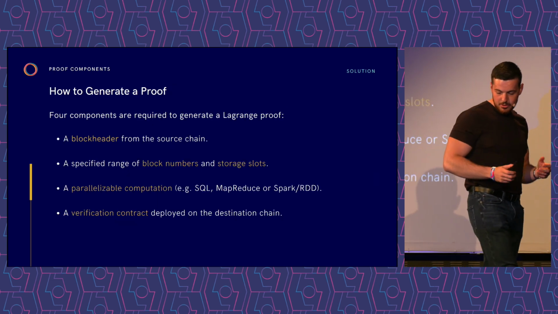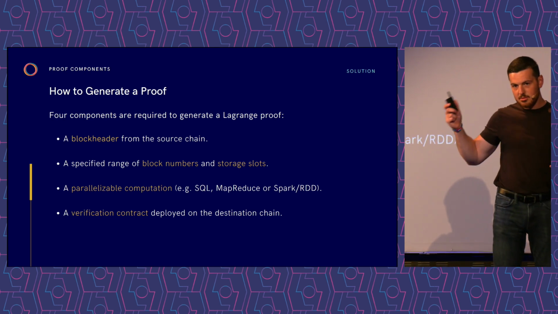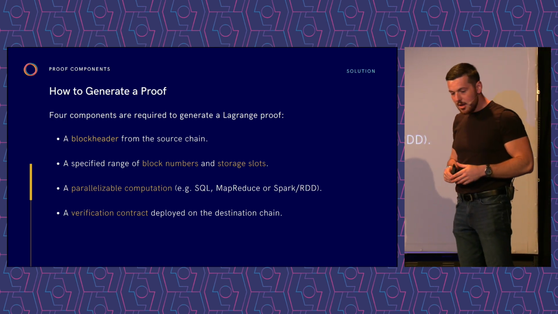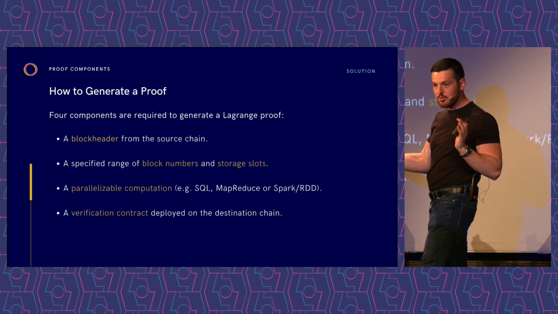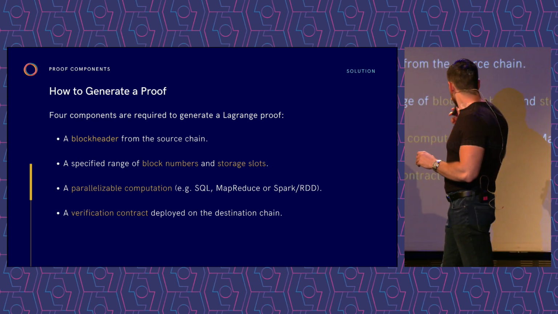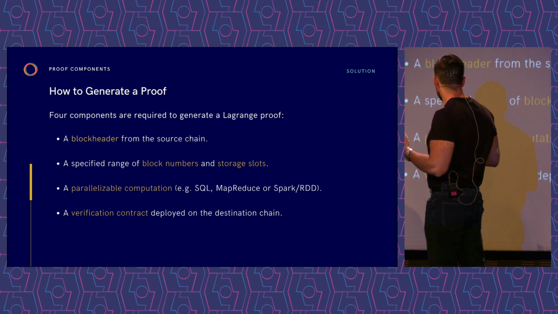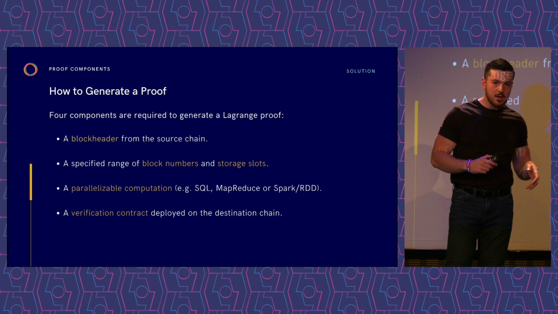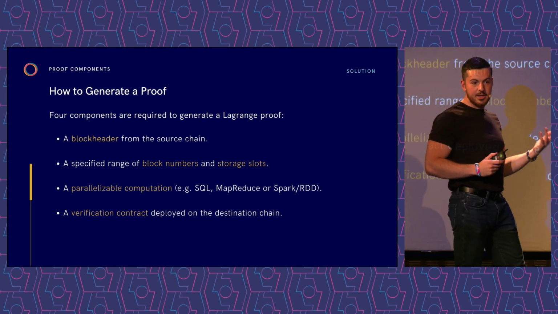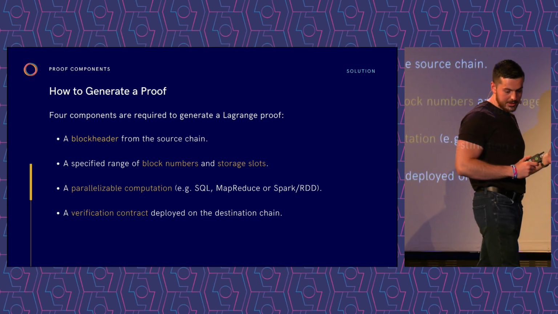And so what's required for a proof? Well, a block header, the thing we've been talking about for the last few minutes. Then a specific range of block numbers that can be proven with respect to that block header. And then a series of storage slots that are going to be used as part of this computation. Next, you specify the computation, and then there must be a contract in the destination chain that we deploy to verify this computation.